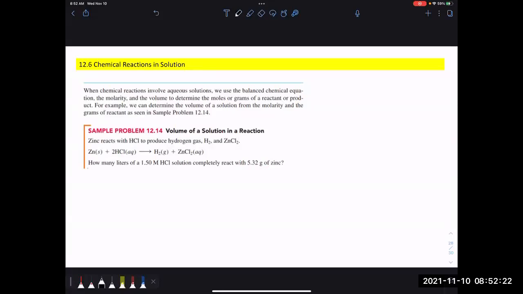So for any stoichiometry problem, we need to be working in terms of moles. So we're going to convert each of these into moles. So for zinc, let's see here. Zinc is 65.39.